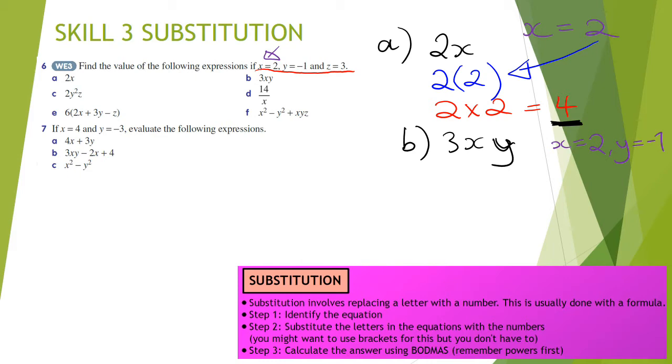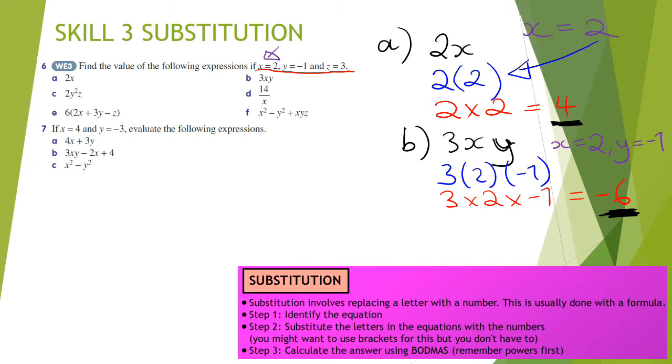So we write the expression again, 3 stays out the front, open bracket 2, open bracket -1. Remembering that these are all multiply, so 3 times 2 times -1, and that equals -6. So -6 is our answer for this expression, now that we've substituted in the value of x and the value of y.